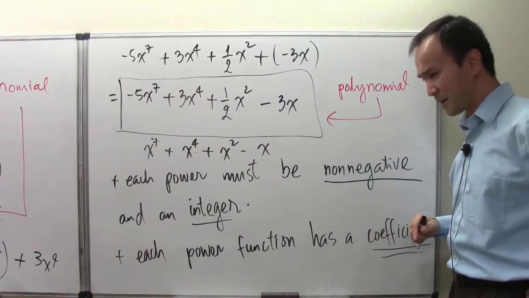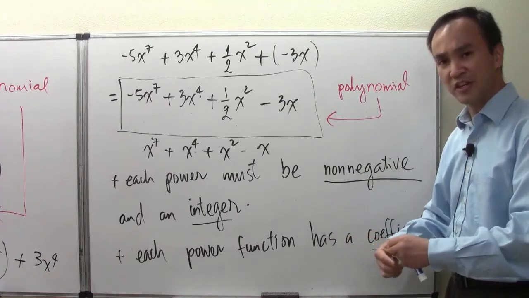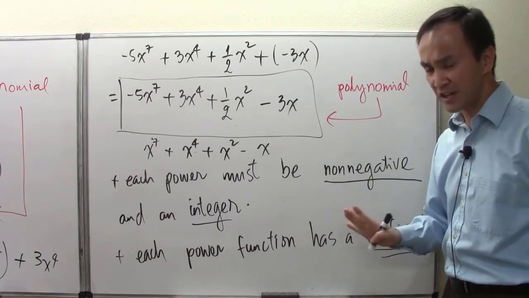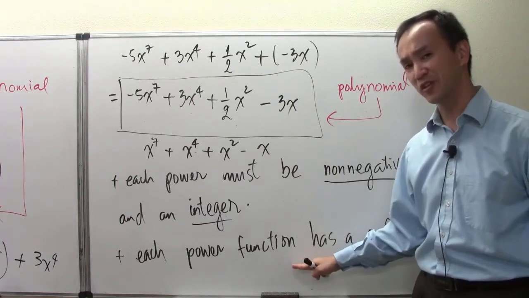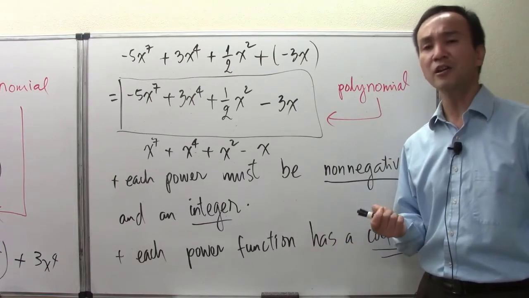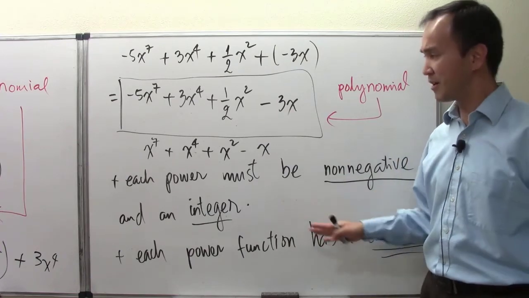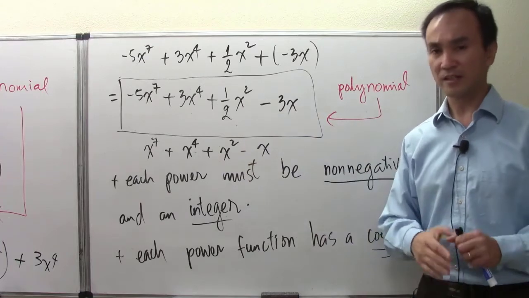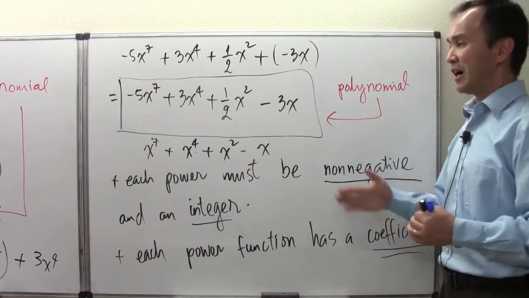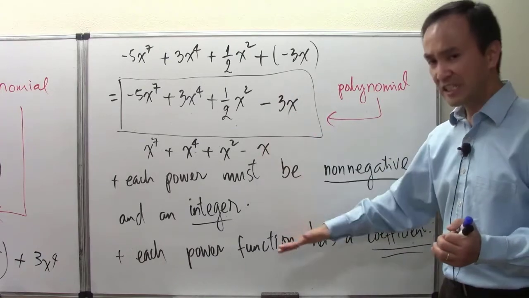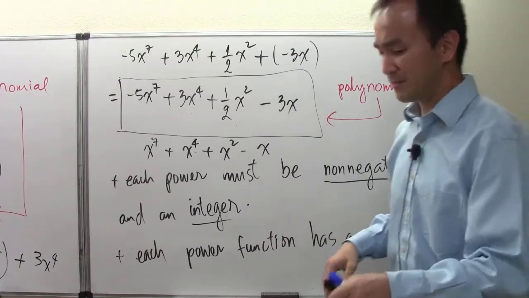Admittedly, anytime I'm teaching a face-to-face class, there were times I forgot to mention this last detail, but it did not impact the understanding of my pre-calculus students, simply because it's always there, needless for me to mention. So now this is all the details we have about a polynomial.